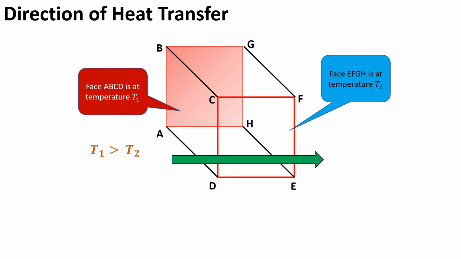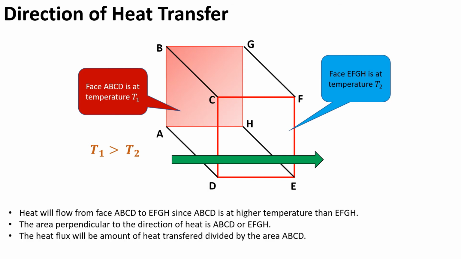Now we have come across the term heat flux in the previous slide. What is heat flux? This green arrow shows the heat transfer, and this is the perpendicular area. The area ABCD or EFGH is the area perpendicular to the direction of heat transfer. So heat flux will be the heat transfer divided by the area ABCD.